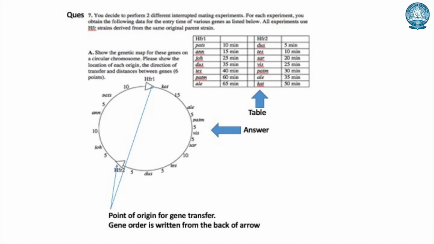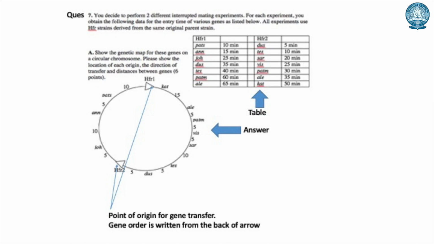That is because 15 from the origin point minus 10 for Pat gives you 5 minutes of distance between Pat and N. Similarly for Joe, the distance between N and Joe is 10 minutes, because from the origin point the entry of Joe is 25 minutes, so 25 minus 15 gives you 10 minutes of difference. In this way you can order the genes with their time of entry.